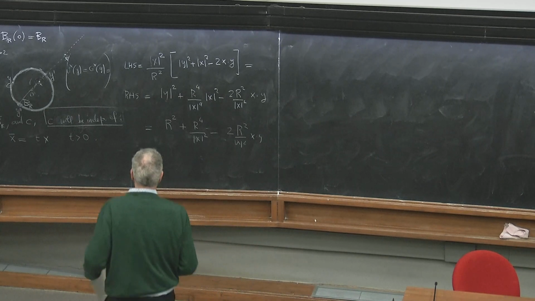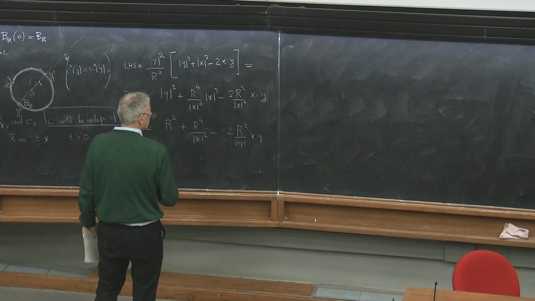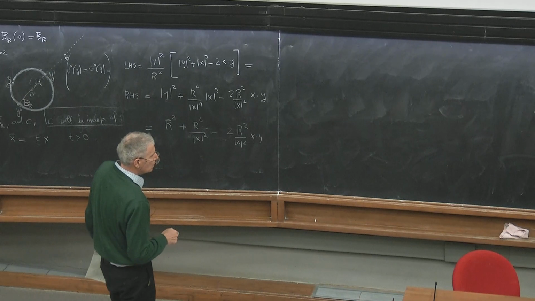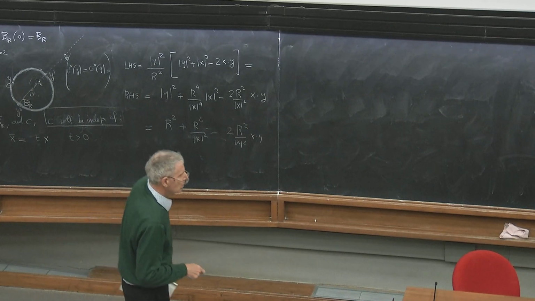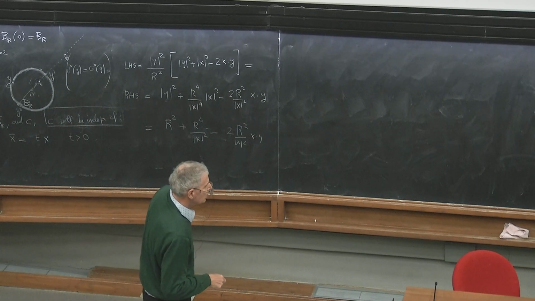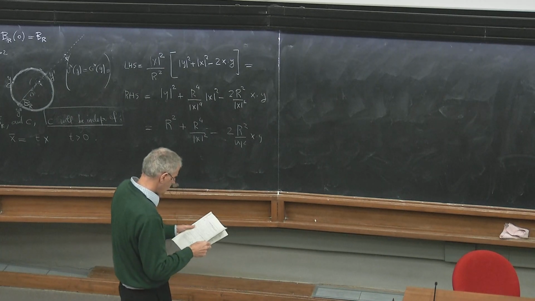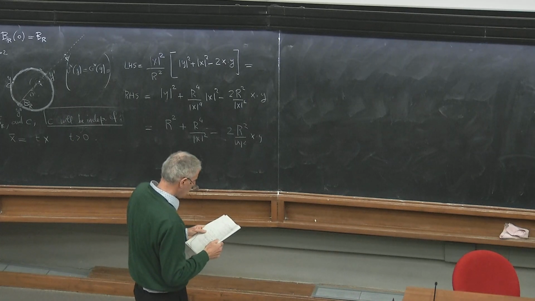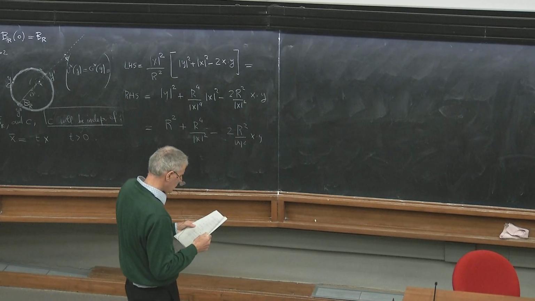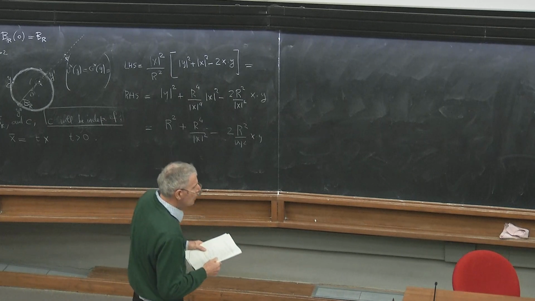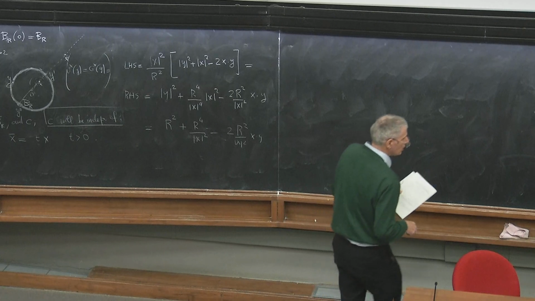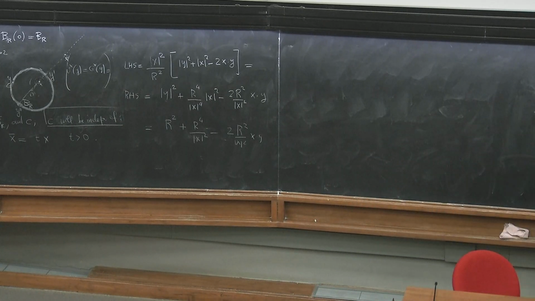Go on. Excuse me. No? K squared, if I'm not wrong, k squared was, let me, did I do it correctly? K squared was r over x, not x over r, apparently.